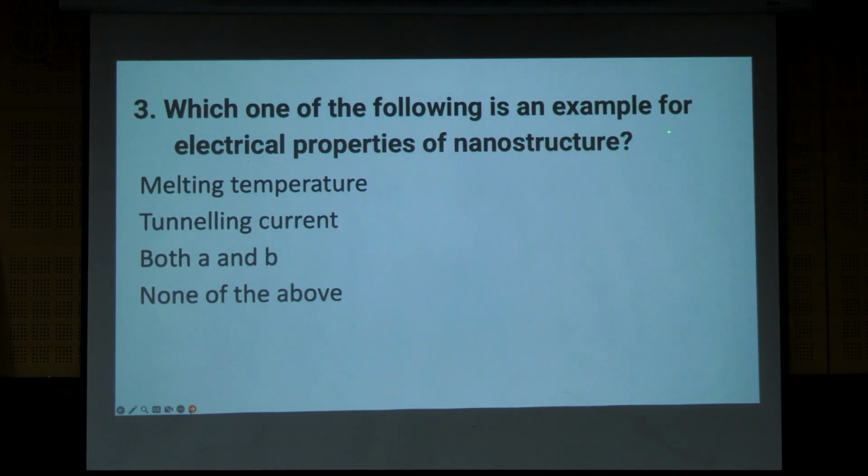Which of the following is an example of an electrical property of nanostructures?